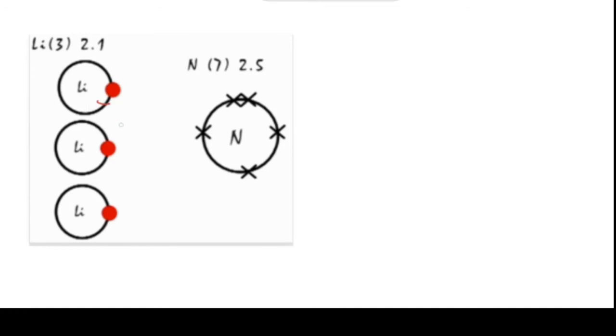But each lithium atom has only 1 electron in its valence shell, which means one lithium atom can only transfer 1 electron to nitrogen. So there should be 3 lithium atoms, as you can see. Each lithium atom transfers its valence electron to nitrogen.